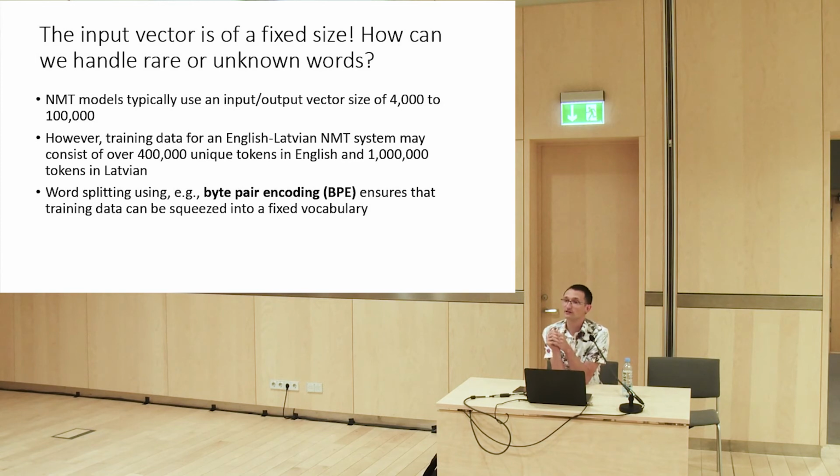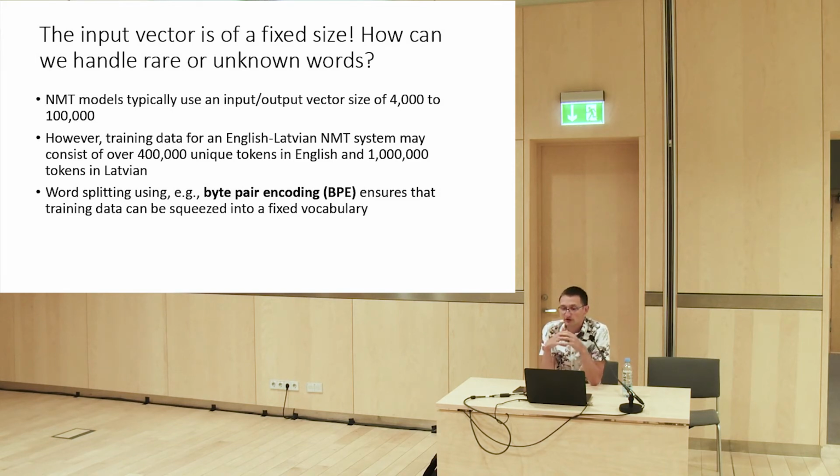However, when we train an English-Latvian neural machine translation system, for instance, there are over 400,000 unique tokens on the English side and over 1 million tokens on the Latvian side. Latvian is a bit more morphologically rich, so there are more inflected forms, and that brings the number much higher.